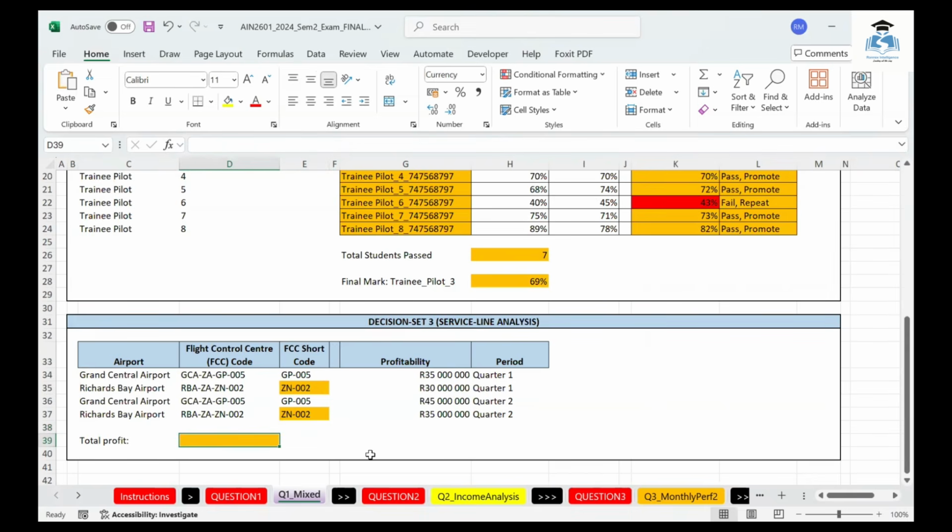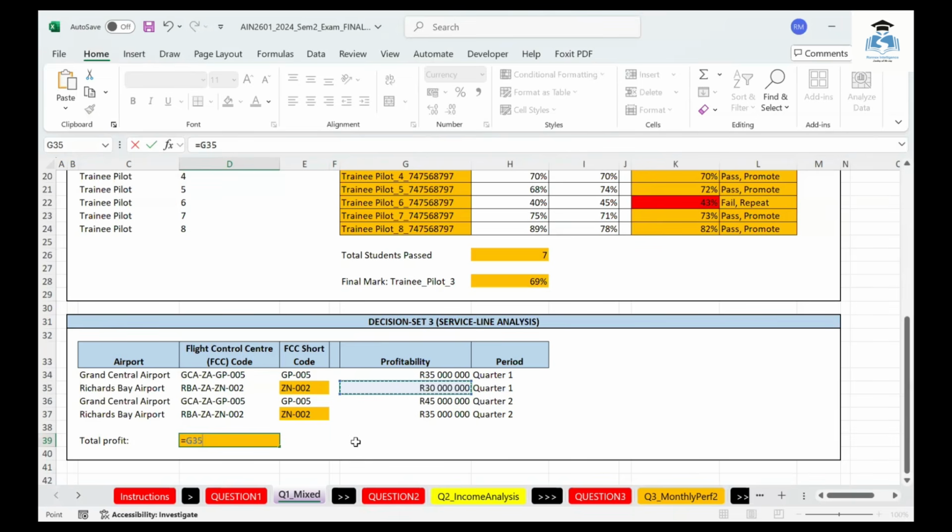How do we find the total? Total profit. Equal to G35.